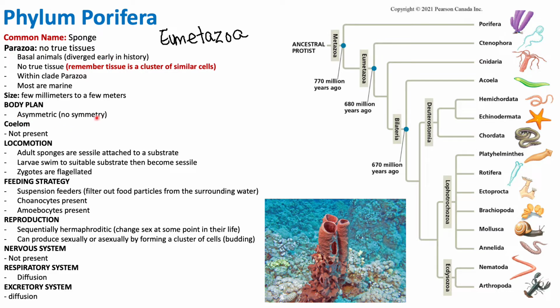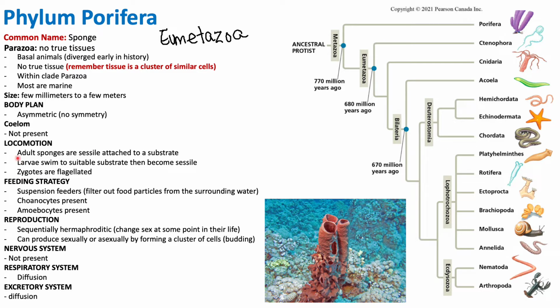So the Porifera have no true tissues, therefore they are Parazoans. They have no symmetry, they are asymmetrical, and they can either be a few millimeters large or up to a few meters large. They have no coelom. For locomotion, this is very important because the adult sponges are sessile, but the larvae are able to move.